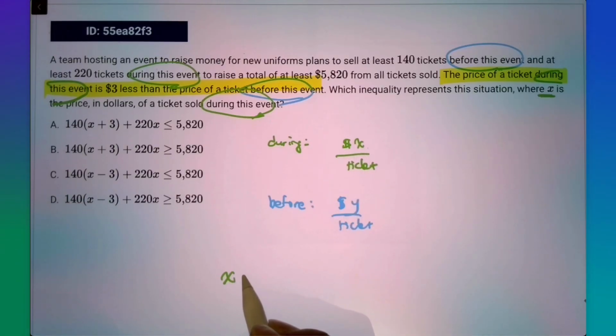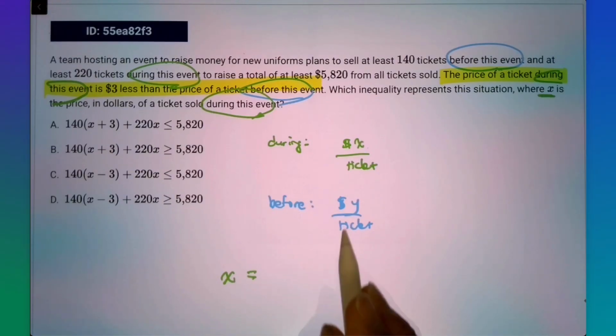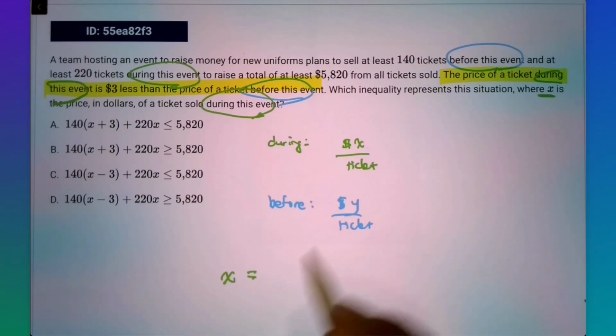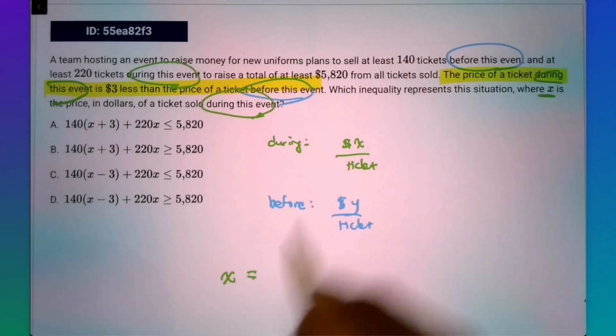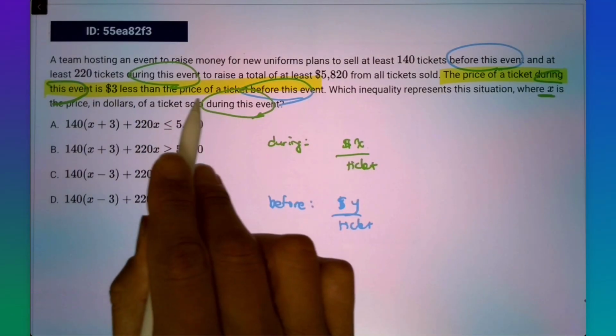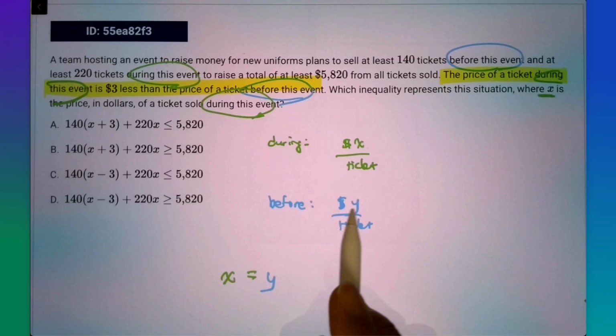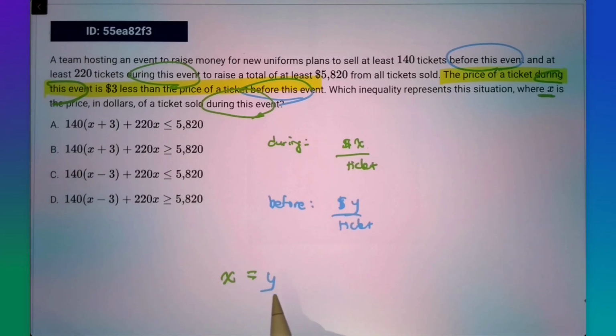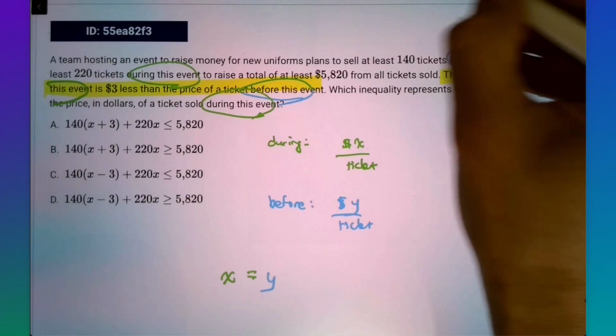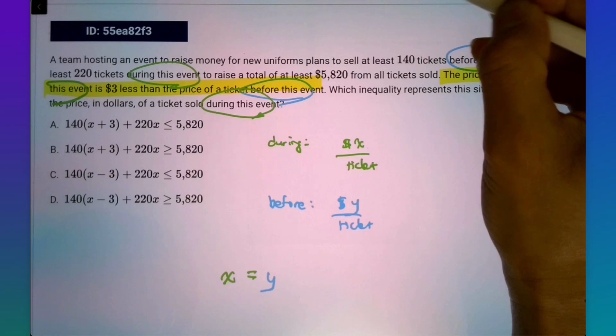X is $3 less than Y minus 3. $3 less than the price of a ticket before this event, which I chose this blue or cyan color. Just $3 less than Y, so you say Y minus 3.